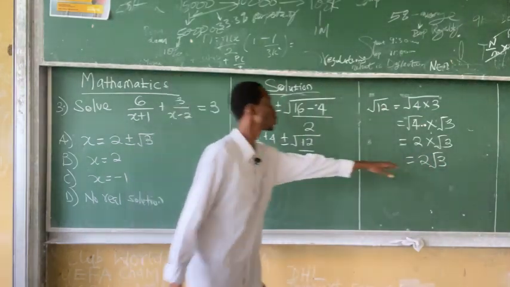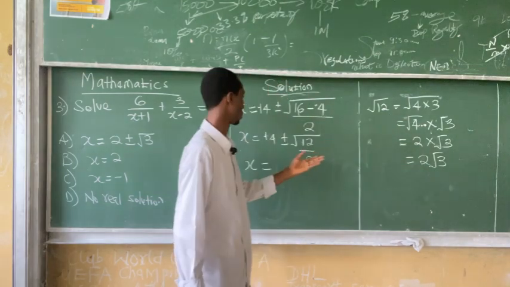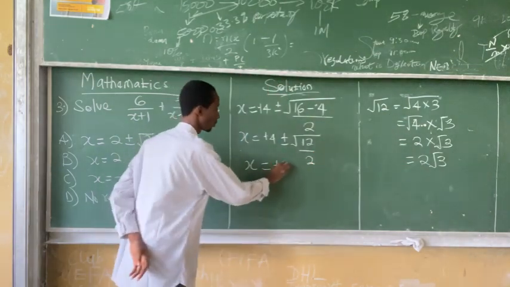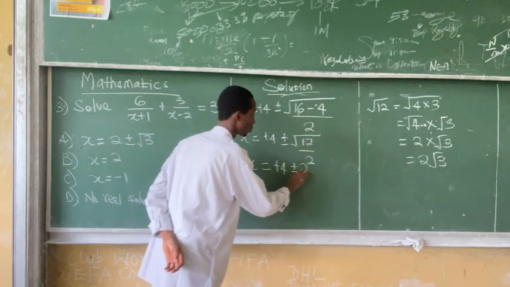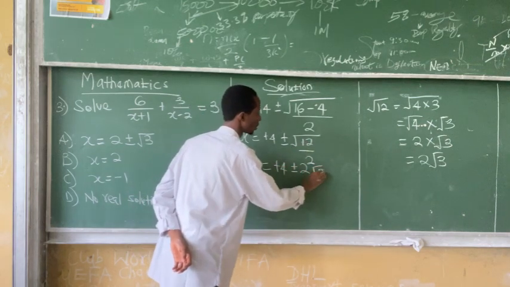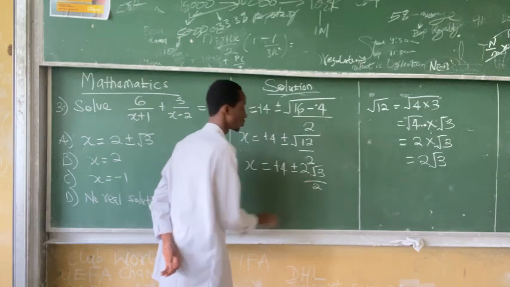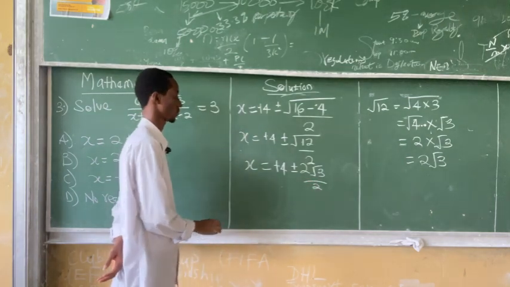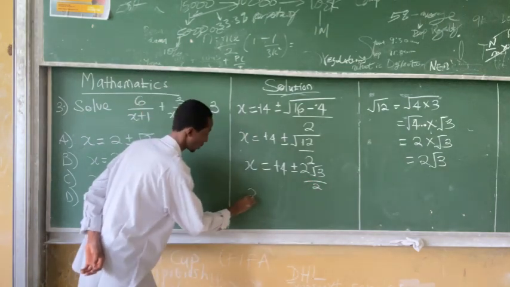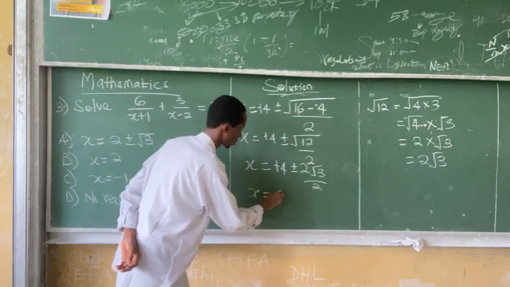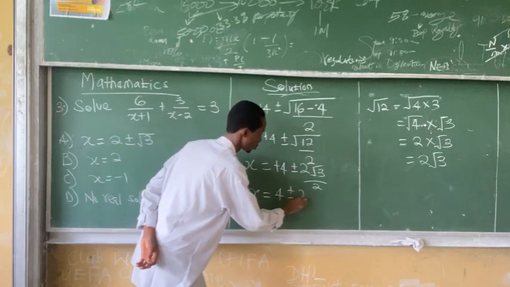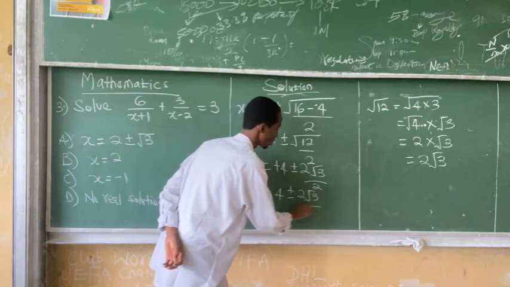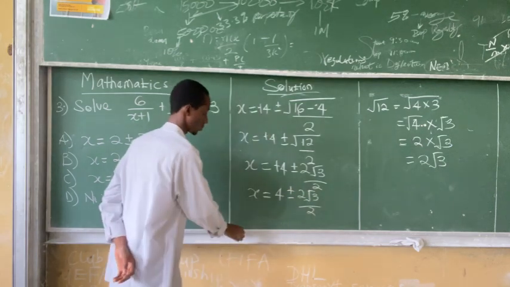So if we substitute this for root 12 in this equation, we have plus 4 plus or minus, instead of writing root 12, we say 2 root 3 divided by 2. x is equal to what? 4 plus or minus 2 root 3 over 2.